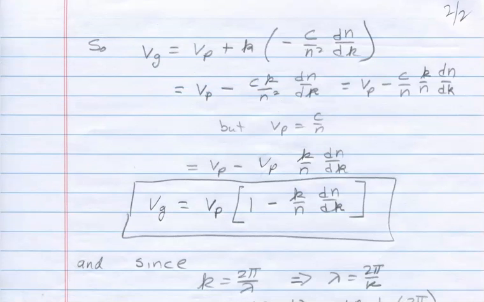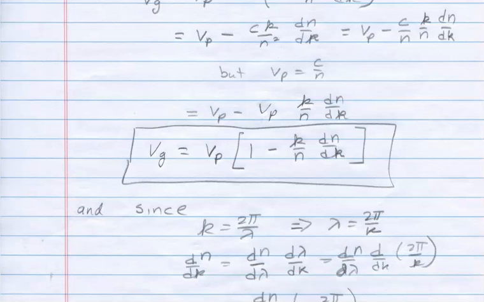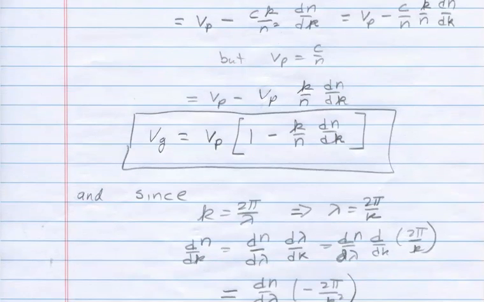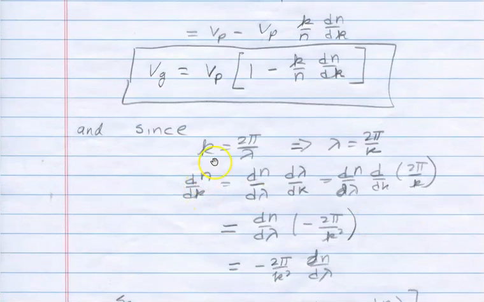So that form is sometimes used experimentally. A more common one experimentally is one in terms of wavelengths. Just to recall, k is 2 pi over lambda, so lambda is 2 pi over k, and I can differentiate dn dk, again using the chain rule.